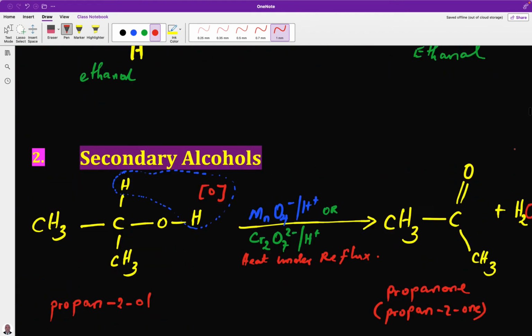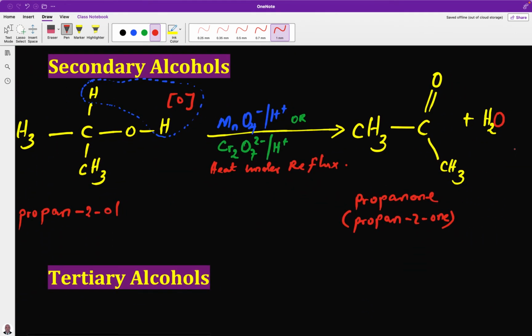Secondly, secondary alcohols. Secondary alcohols using a suitable oxidizing agent such as acidified potassium dichromate 6 solution or acidified potassium manganate 7 solution, when heated under reflux, the final product of the secondary alcohol would be a ketone.